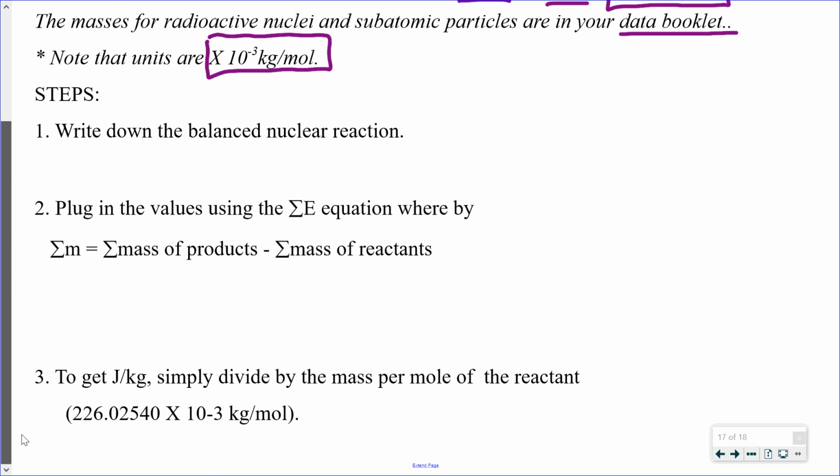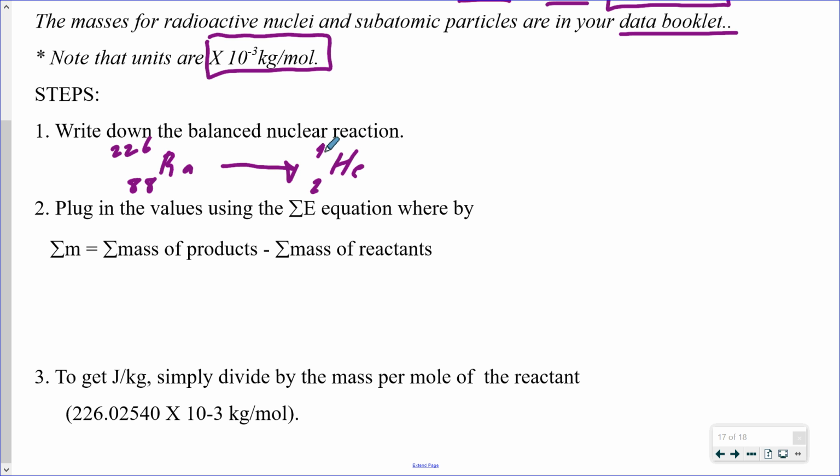So I'll write down our reaction again here, so we also have it on this page. It is the radium-226, 88 protons, alpha decay, which is the helium, and the other product is going to be the radon, 86 for the atomic number, 222 for the mass.